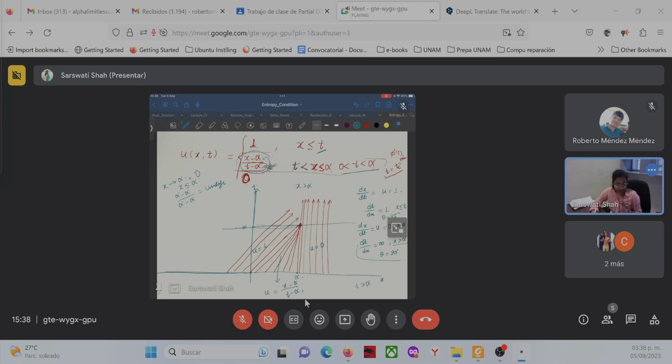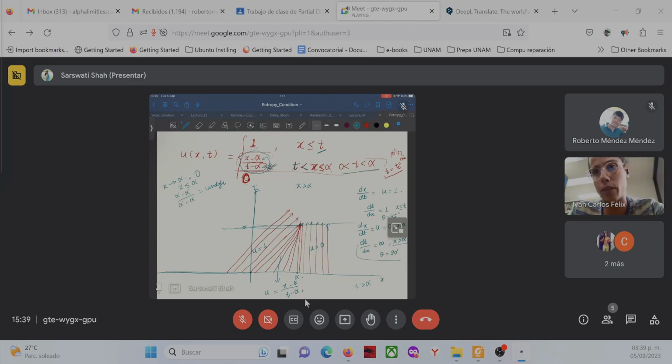Now we are interested. I am going to draw the line t equals x, because that's where the solution breaks from u equals 1 to u equals (x minus alpha) over (t minus alpha).